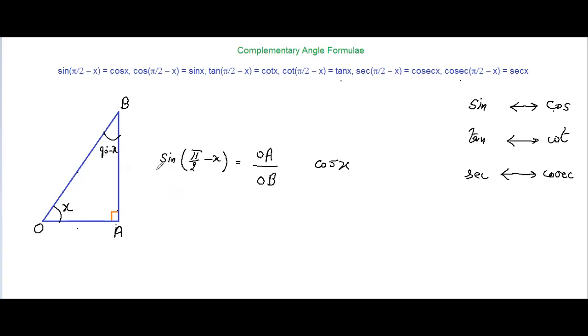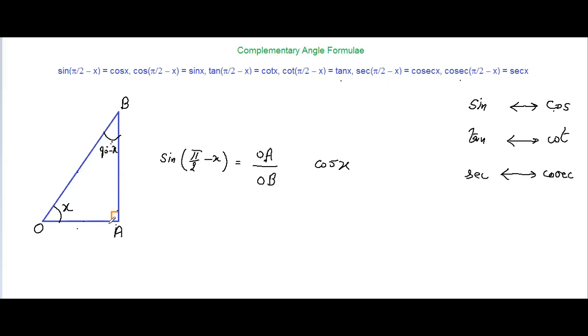If we want to find sine of 90 degrees minus x, means sine of pi by 2 minus x, for the angle 90 degrees minus x, we won't say AB is perpendicular. Perpendicular is that side which is opposite to the angle we are taking for trigonometric ratio finding. For the determination of sine of this angle, the perpendicular is OA.